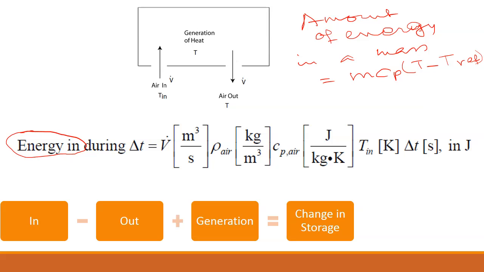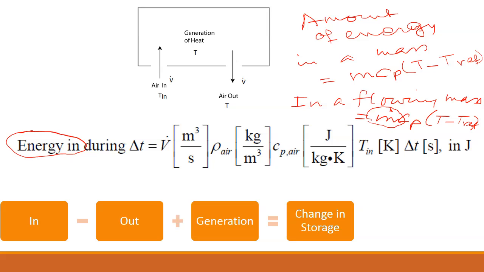Now, in a flowing mass, sorry, this system doesn't allow me to write very nicely. My handwriting is better than this. So m dot is the mass flow rate times specific heat times (T minus T ref).